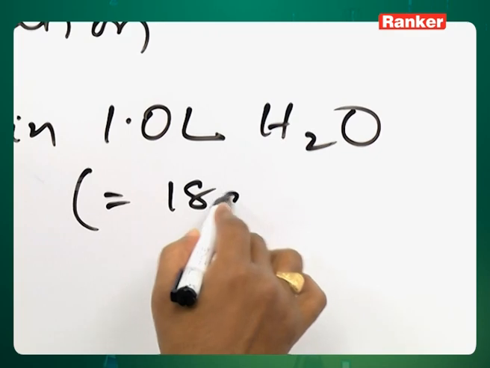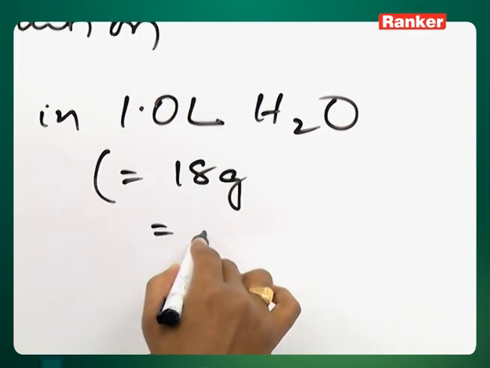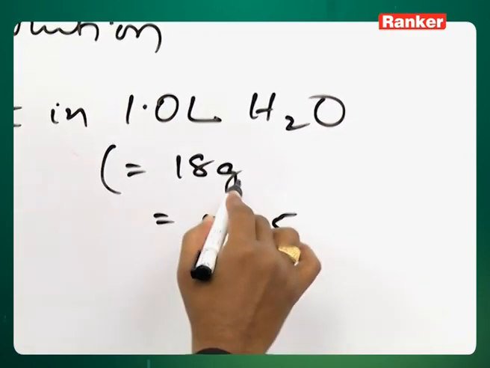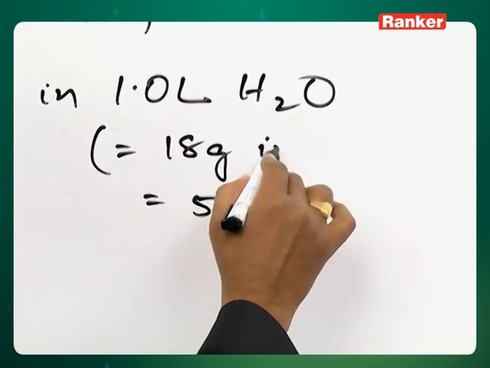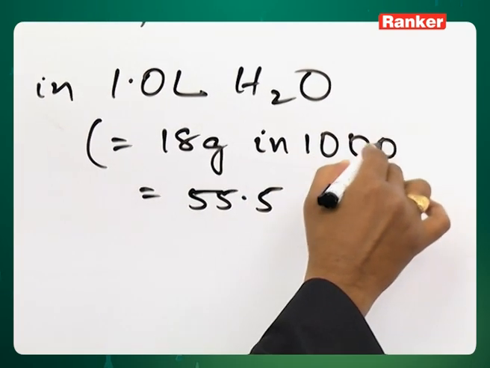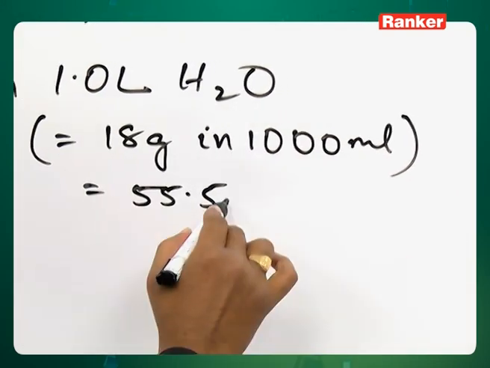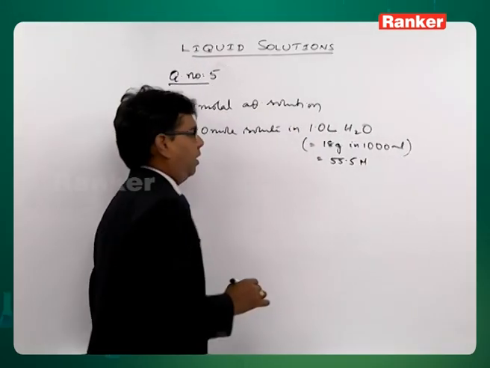So, it is 18 grams of water, which is equal to 55.5 moles in 1000 ml. So, it is 55.5 molar.